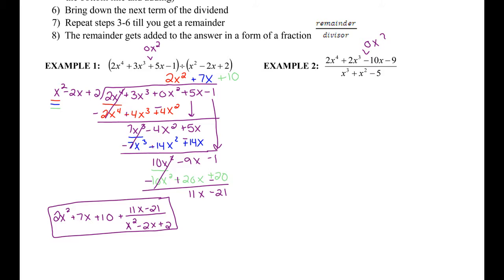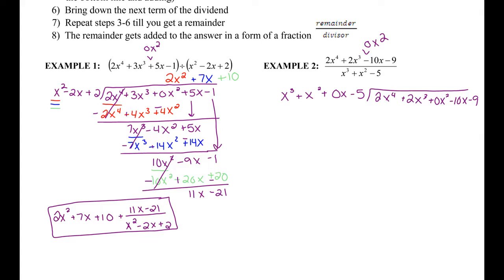So on the outside we get x cubed plus x squared plus 0x minus 5, and underneath I get 2x to the 4th plus 2x cubed plus 0x squared minus 10x minus 9.